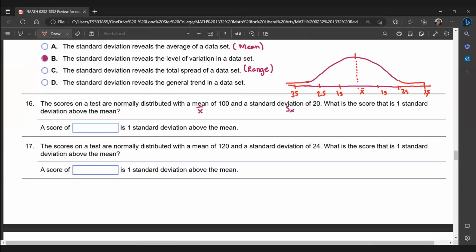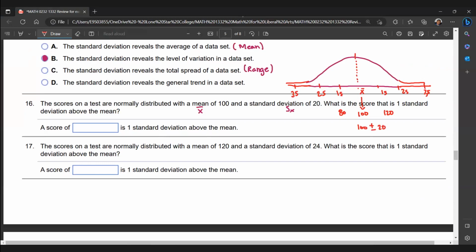So if the mean is 100 and the standard deviation is 20, that means that this score right here will be 120, and this one right here will be 80. In other words, 100 plus and minus 20.